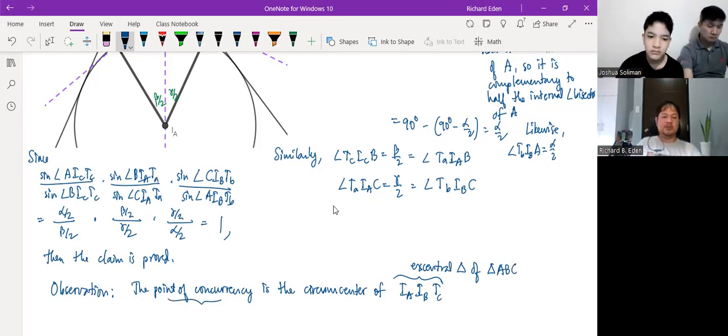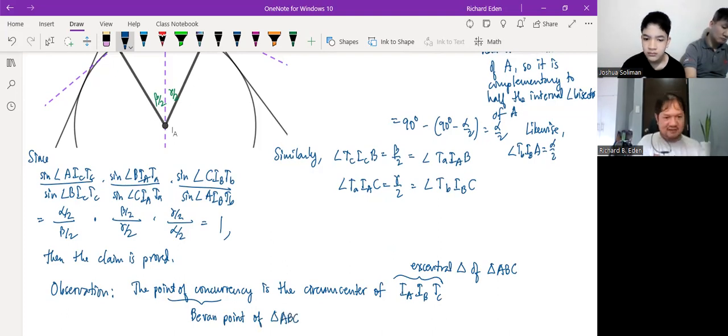And from what we searched, this is apparently called the Bevan point of triangle ABC. All right, yay.